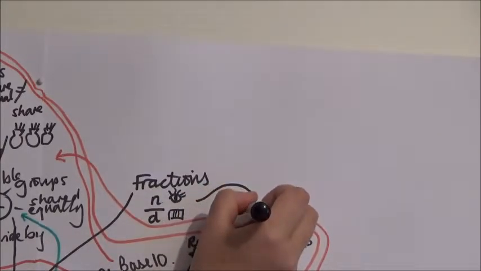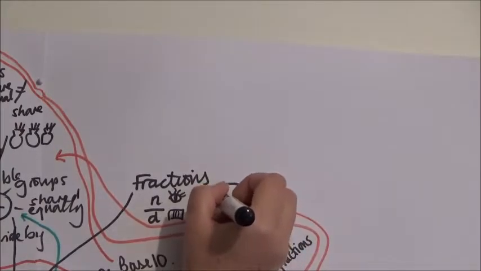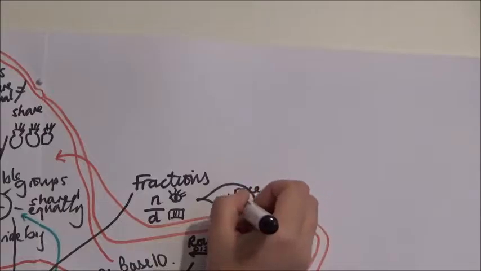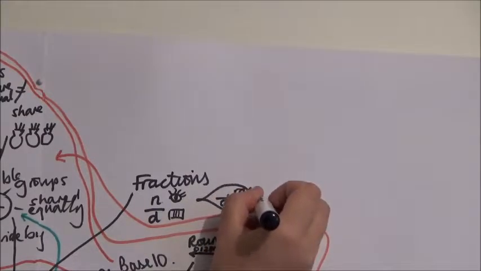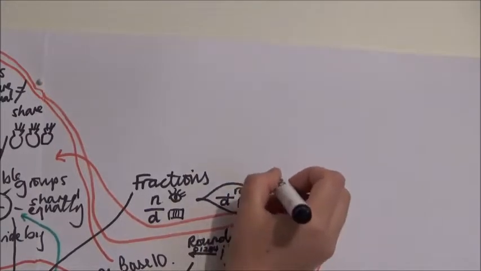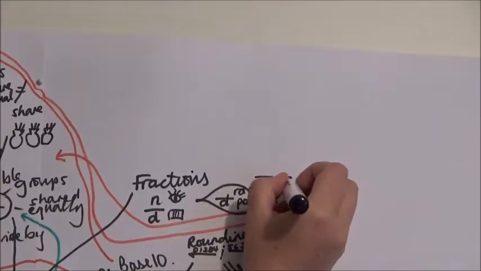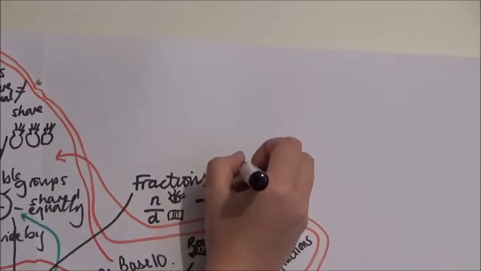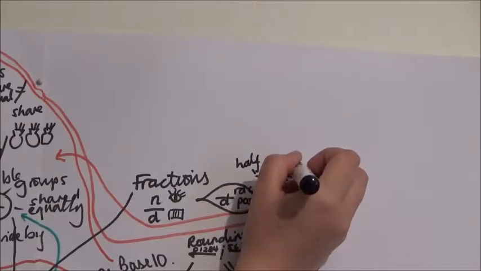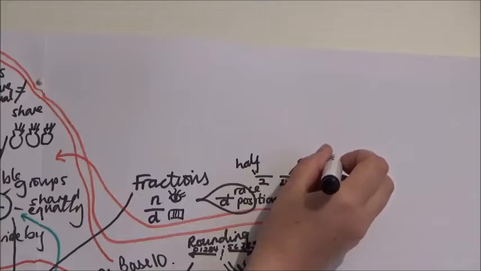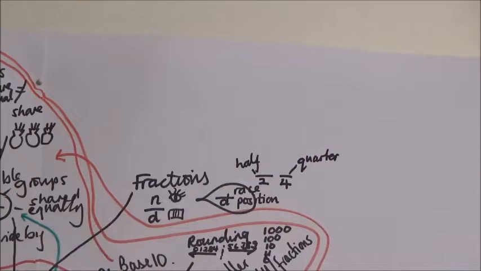We talked about saying the fraction, that the denominator is like a race position. Apart from when we've got the denominator of 2 or the denominator of 4, because we call that a half, and we call this a quarter, or quarters.